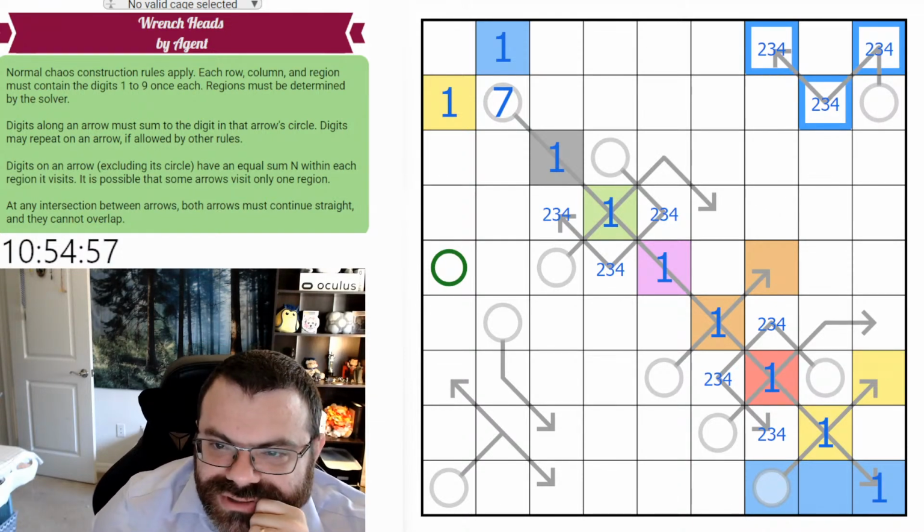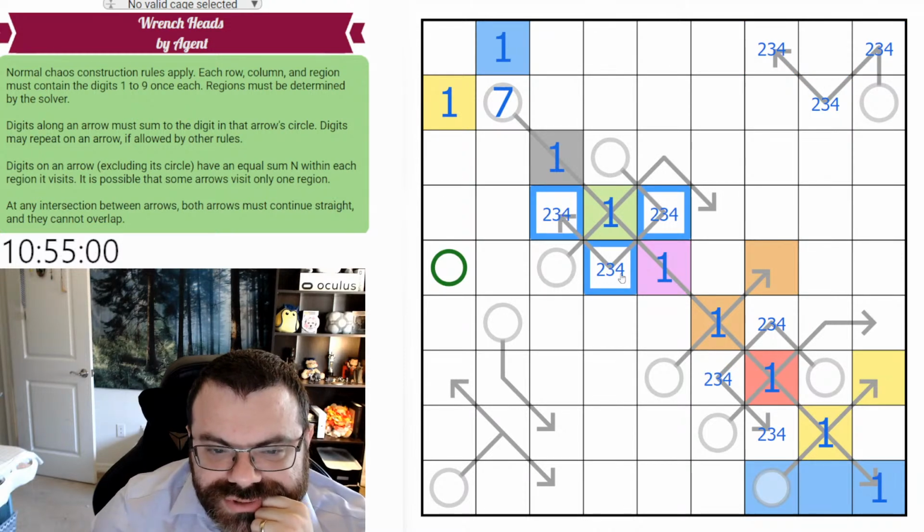I want to somehow mark that these are all in the same region, but I don't know what region they're in.